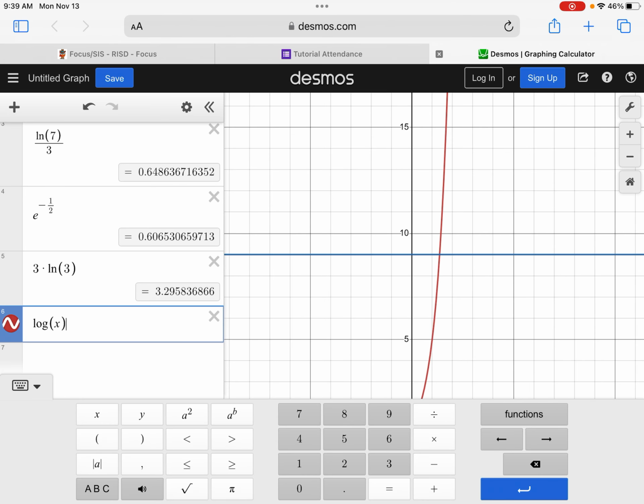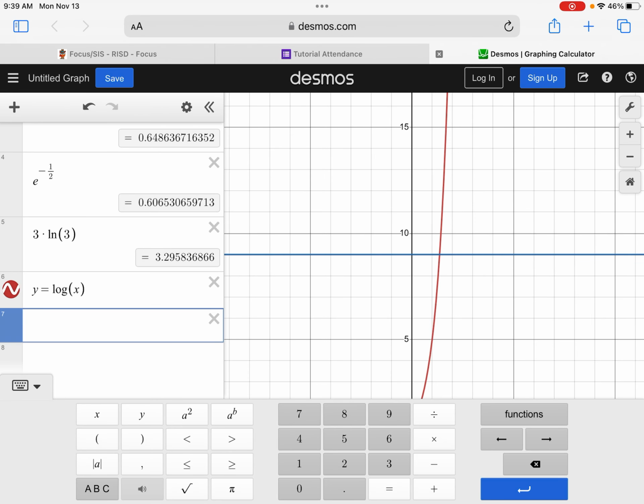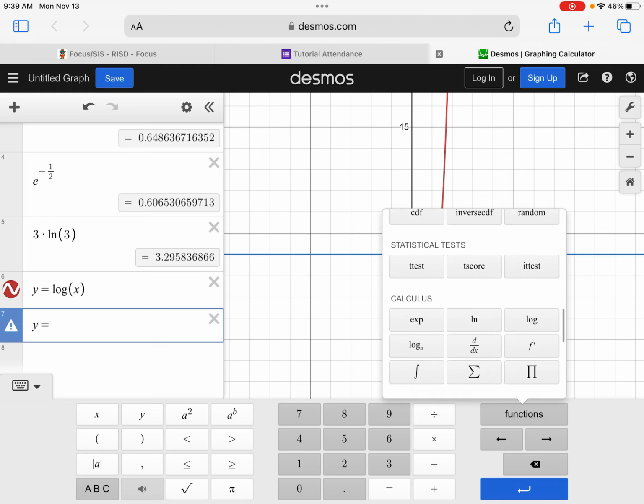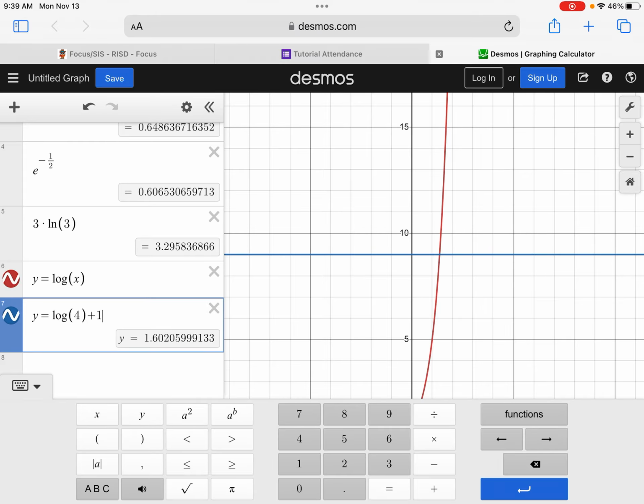Log of x, put a y equals in front of that. Y equals log of x. And then the next line, y equals, find that log again. That would be log of 4 plus 1. And there's our equation.